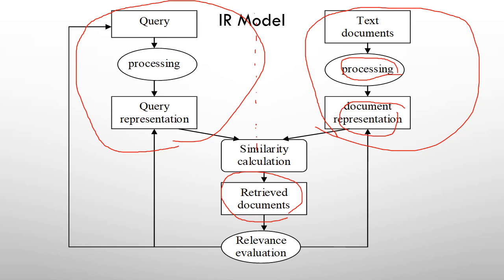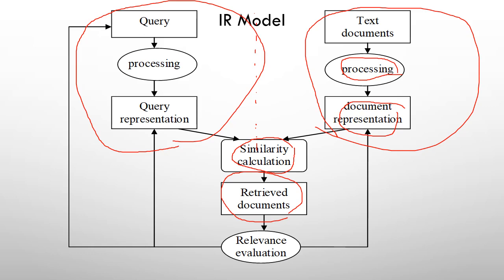And so whenever there is a query, the query is processed and matched with a particular matching algorithm, and then the matching documents are given to us as the user of the Google search engine.